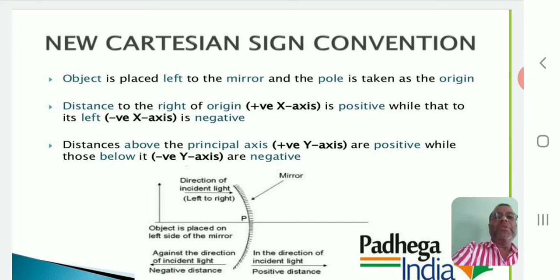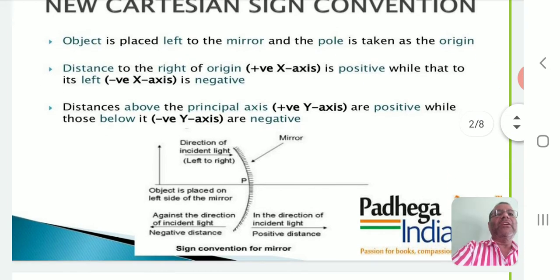The position of the object, and after reflection, if its image is being formed, then what will be the position of that image? Its position will be reflected in terms of positive or negative sign. But how to decide it? It will be decided on the basis of certain rules.